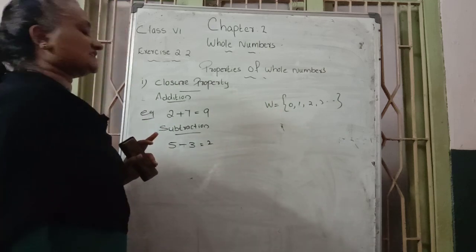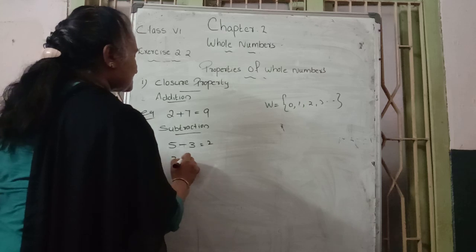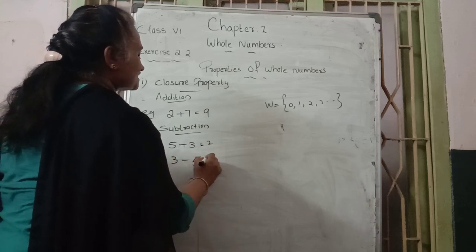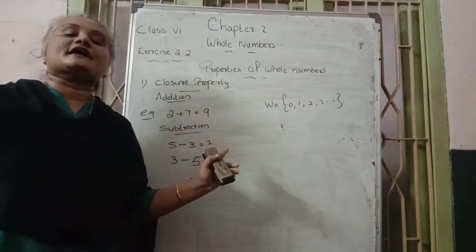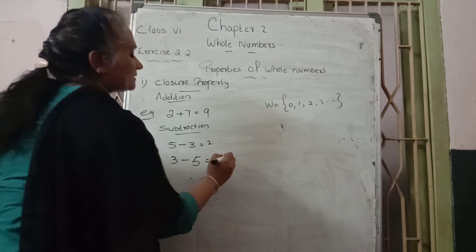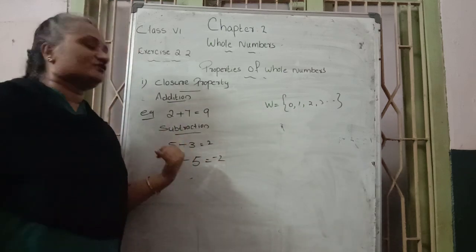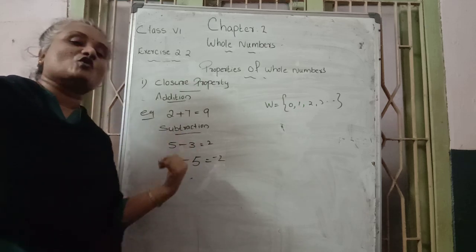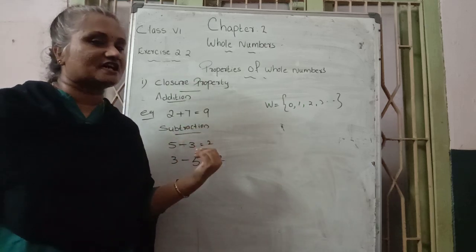Then another example, 3 minus 5. What about 3 minus 5? A negative answer. In the 6th chapter you will learn that; for now just listen: a smaller number minus a bigger number gives a negative answer.